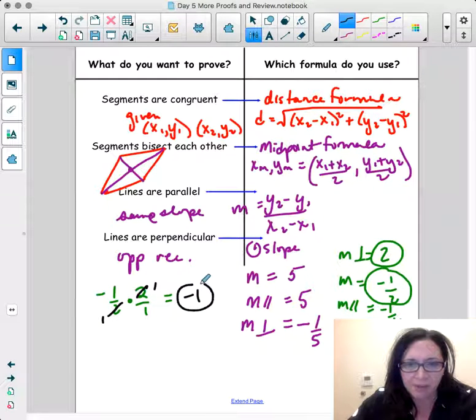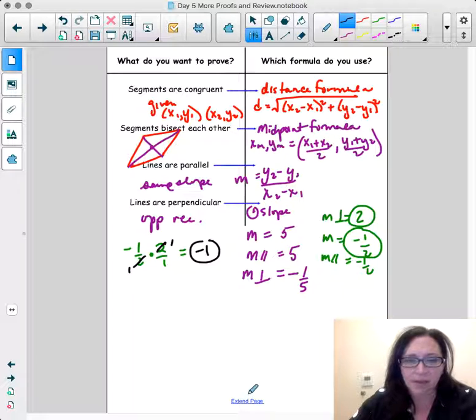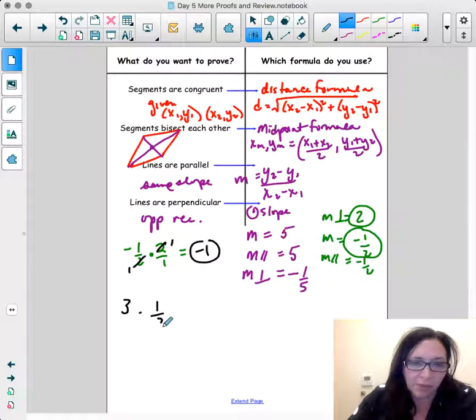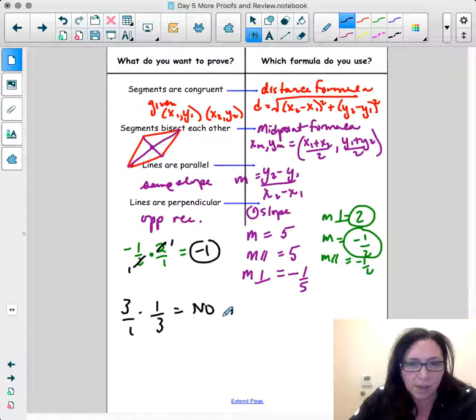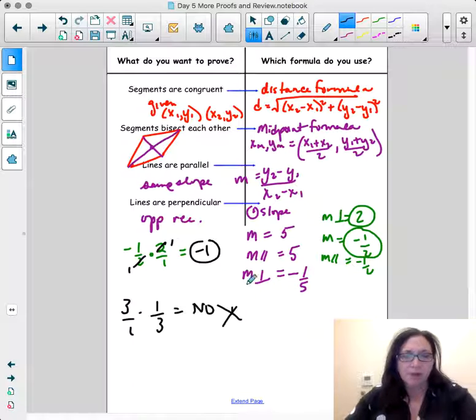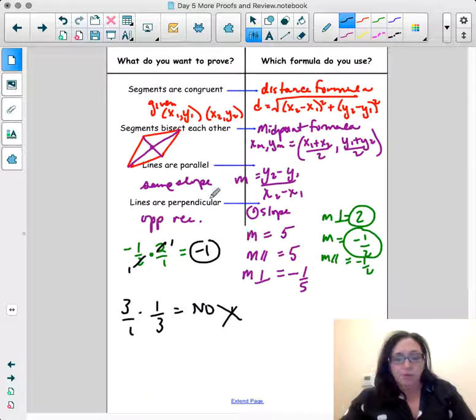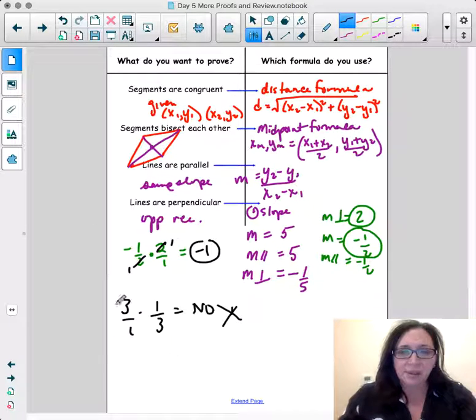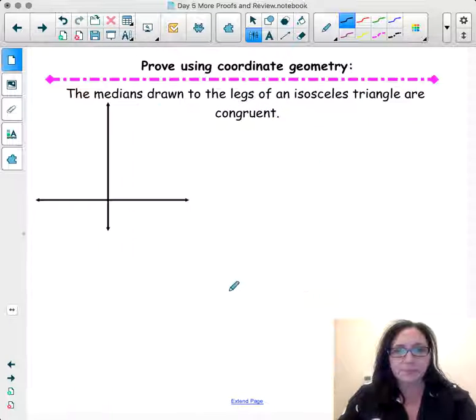If your product is negative 1, then the lines are perpendicular. So if my slopes are 3 and 1/3, are these perpendicular? The answer is no, because when you multiply these out, you get 1, and the product of the slopes is not negative 1. They're only perpendicular if the product of the slopes is negative 1.